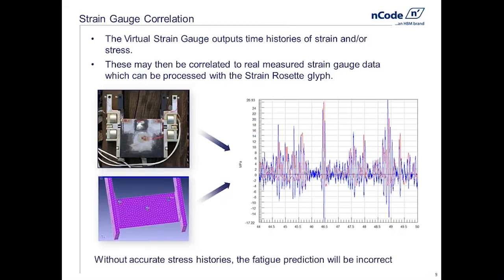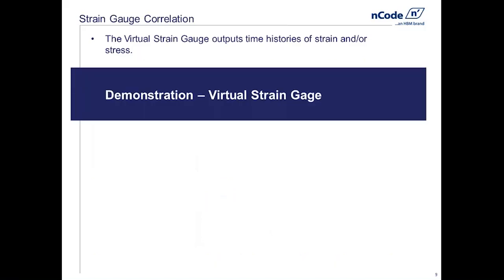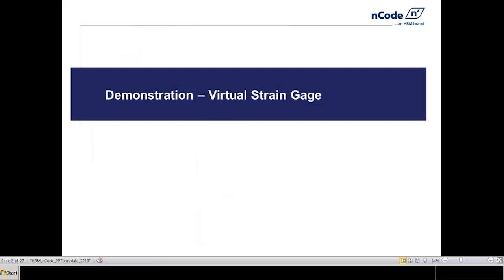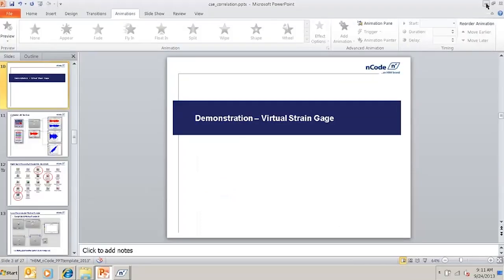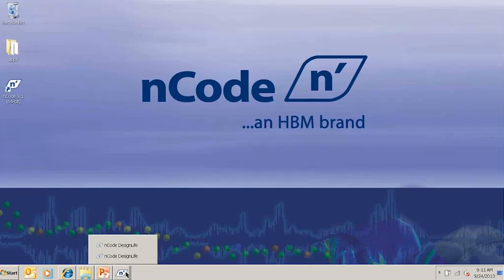The goal here: if I cannot get an accurate stress or strain history represented for my FE model, I can never get accurate fatigue results. So this is a preliminary step for me to correlate my model prior to the fatigue calculation. With that, let me open up DesignLife here.